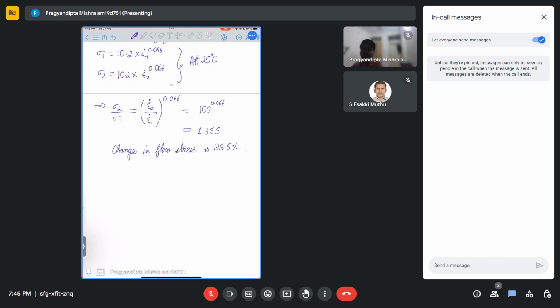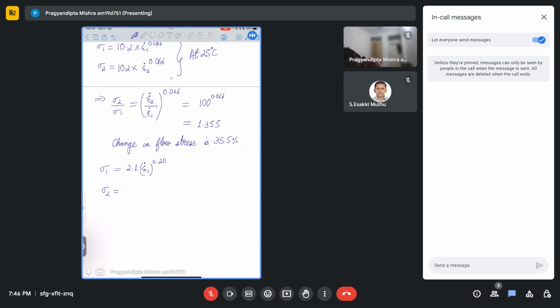Now we want to see the 440 degrees case, right? In that case, sigma 1 is equal to 2.1 times epsilon 1 dot to the power 0.211, and sigma 2 is 2.1 times epsilon 2 dot to the power 0.211. So this is at 440 degrees Celsius.